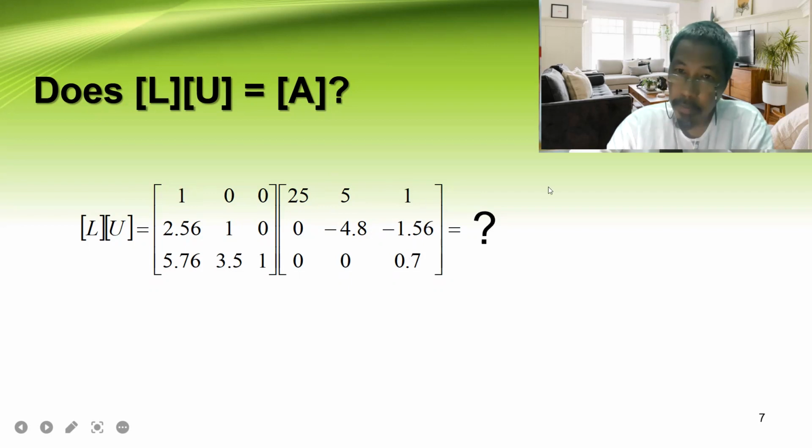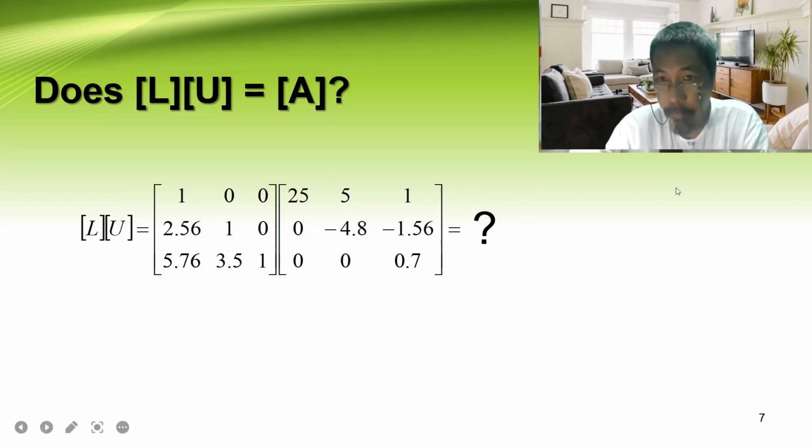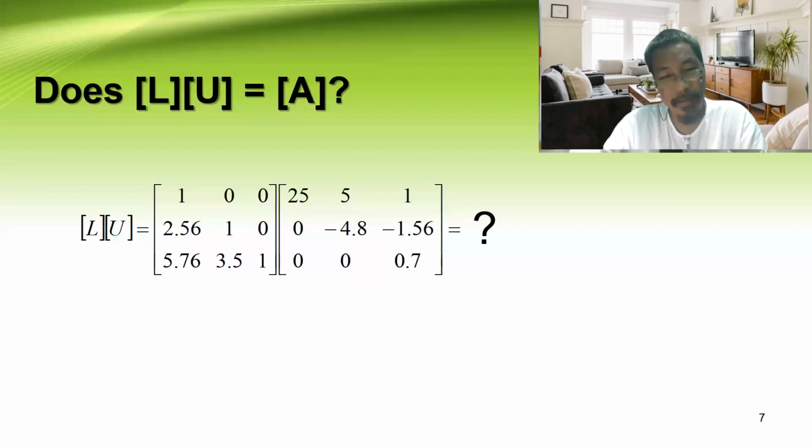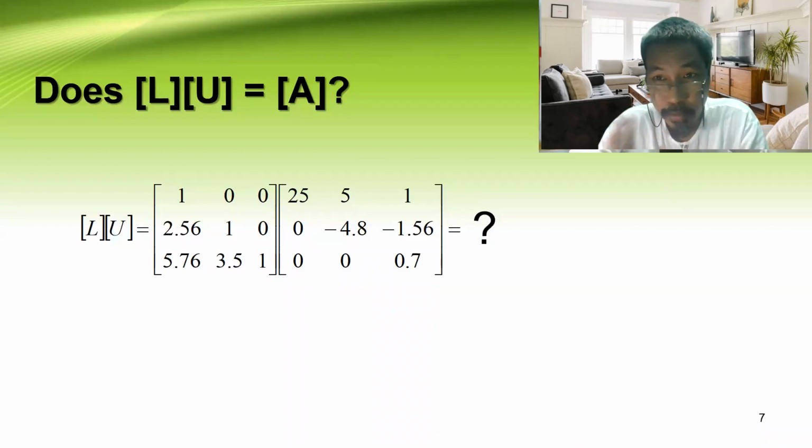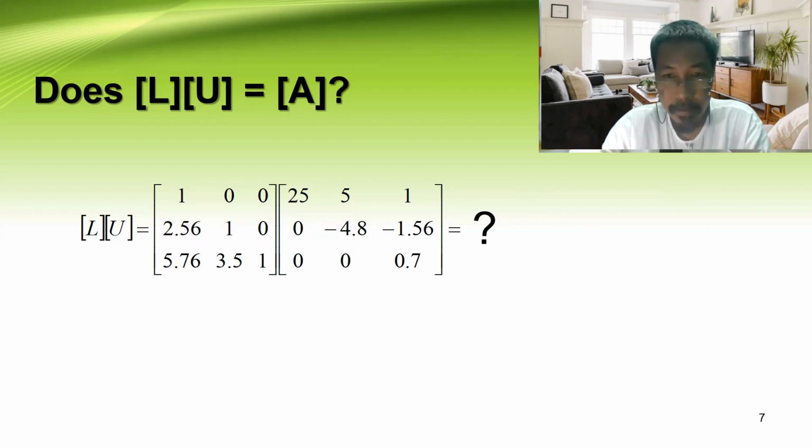So the first row of matrix A is 25, 5, 1. And that is correct. Okay. So do this matrix multiplication using your sketch paper as an assignment. I may check this practice problem later.